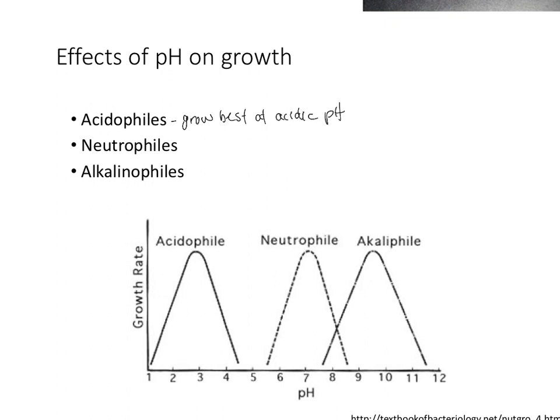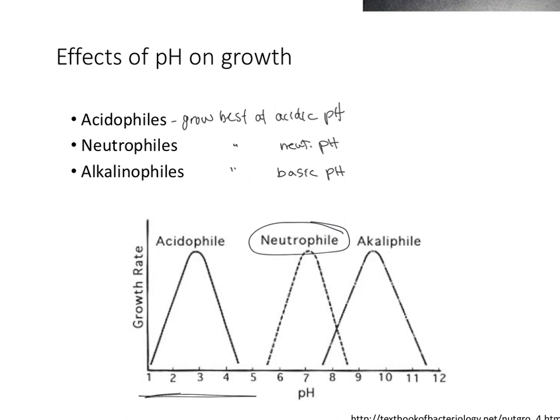All right, so from the graph there, that's pretty straightforward. Neutrophiles grow best at neutral pH. So most of our day-to-day organisms are going to be neutrophiles, E. coli, whatever. And then an alkalinophile or an alkylophile, both are correct terms, grow best at basic pH.